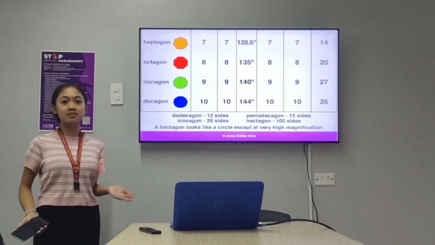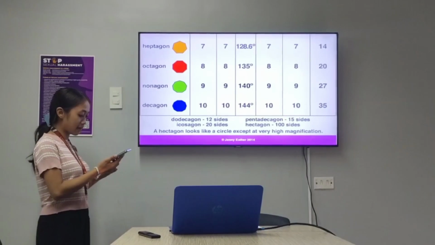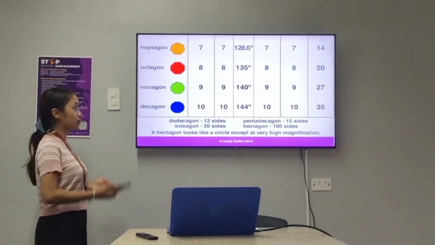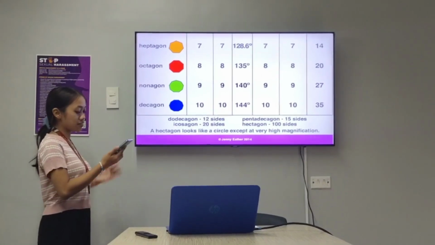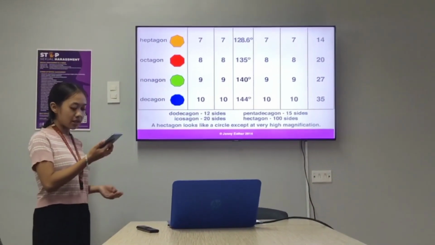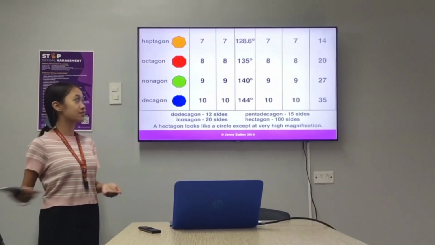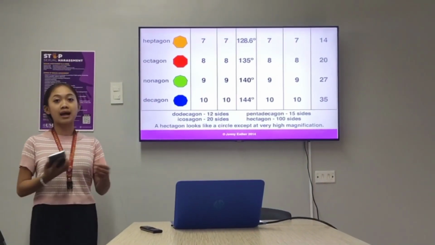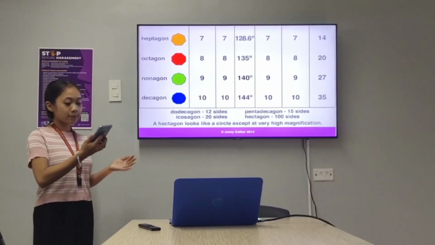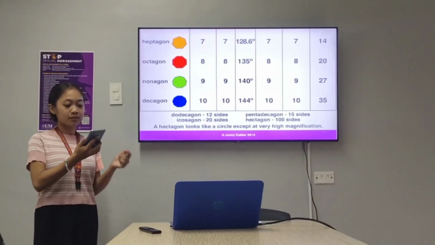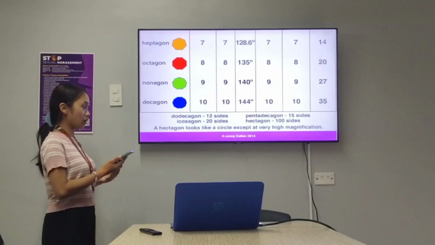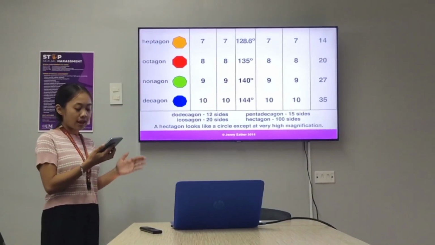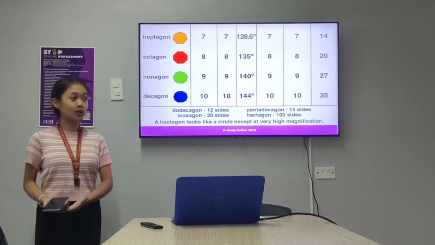The octagon consists of 8 sides and vertices, 8 angles, 135-degree interior angles, 8 lines of symmetry, 8 rotational symmetry, and 20 diagonals.